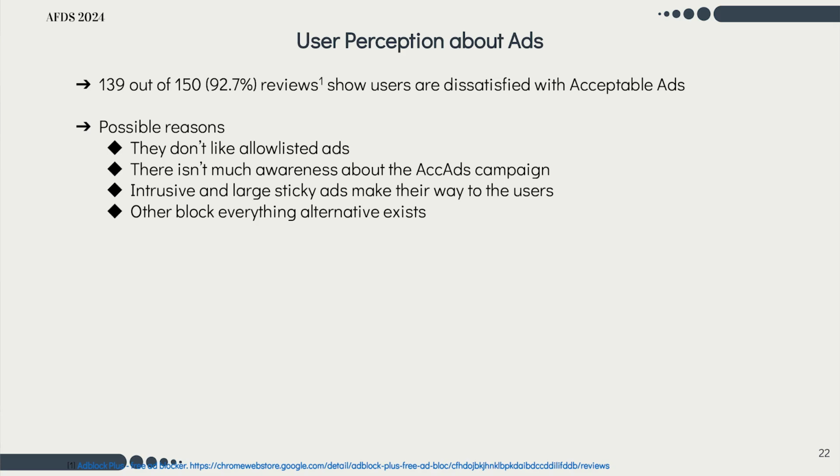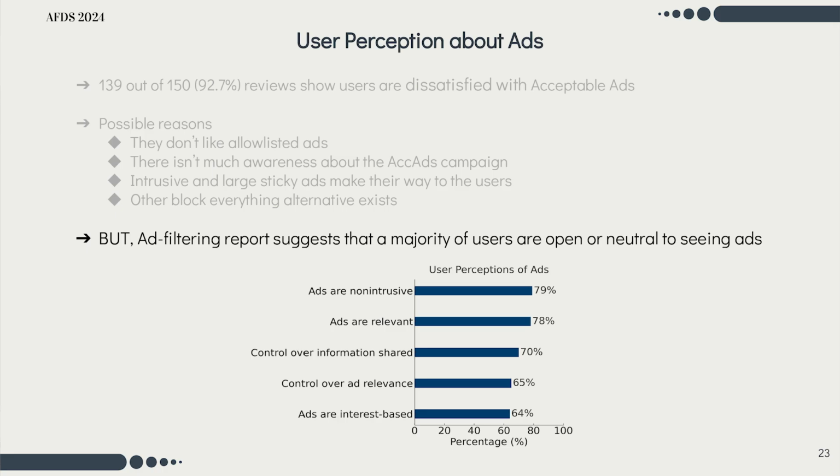Also, at some points there's not much awareness about acceptable ads, as in why these ads are shown to me, or how these ads are getting filtered. But on the other hand, a lot of reports suggest that a lot of users are neutral to seeing ads, or even sometimes optimistic about seeing ads that are relevant or non-intrusive.